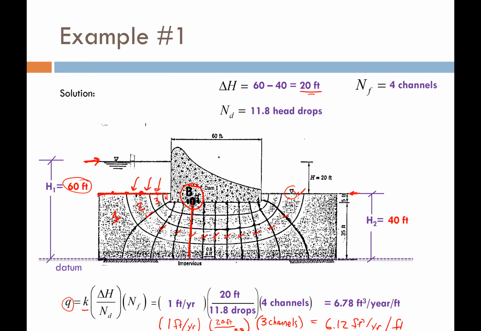What I want is the head at B right there. Okay, so if I know the head at my first equipotential line, I want to know what's the head on this line, the head on this line, the head on this line, until I get down to point B. So all I'm doing is just subtracting head until I get to my point of interest.